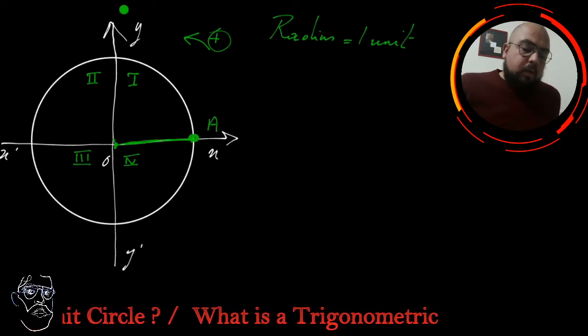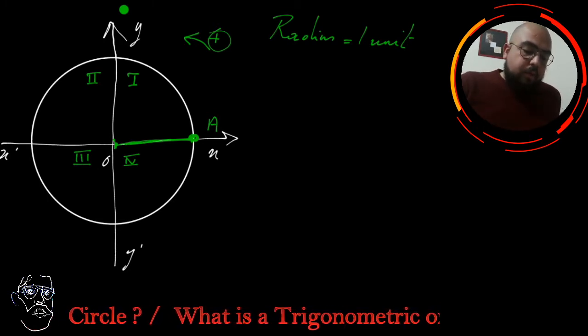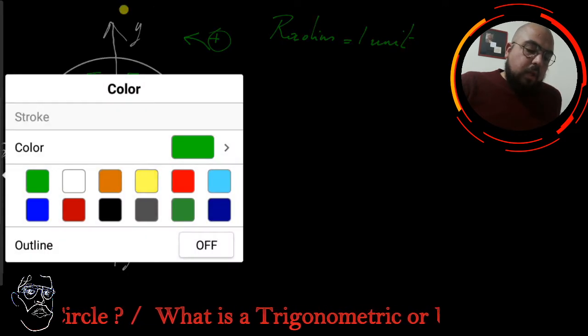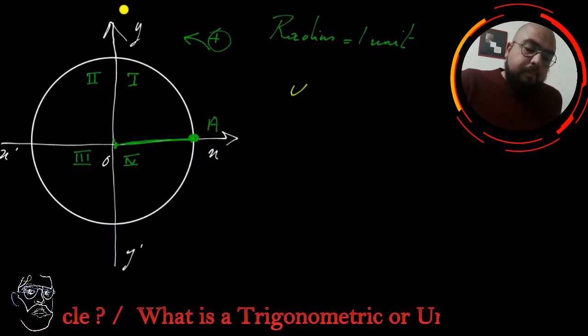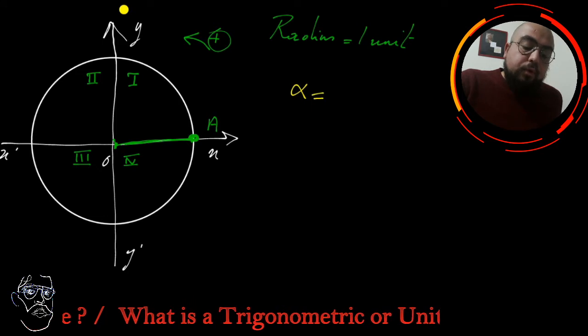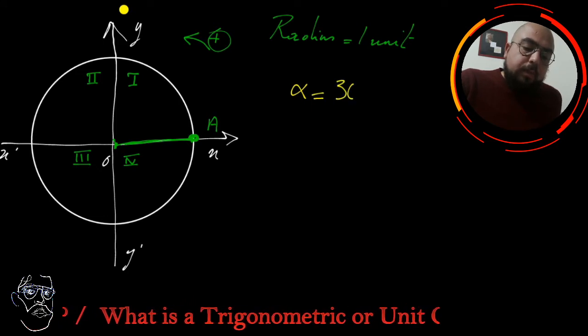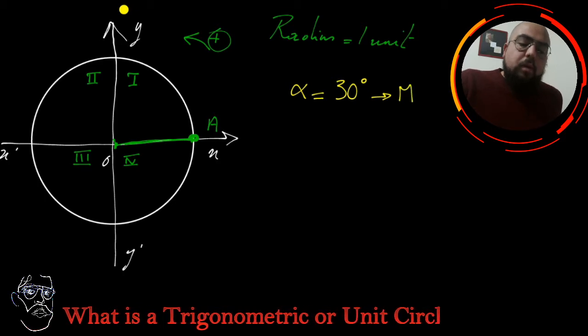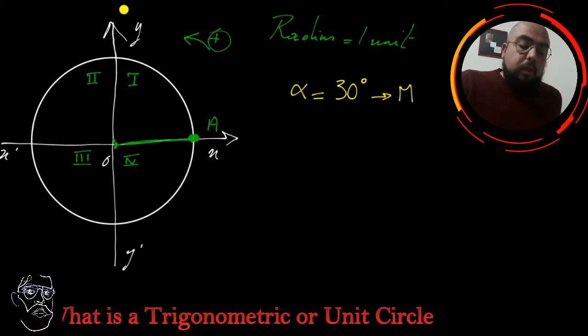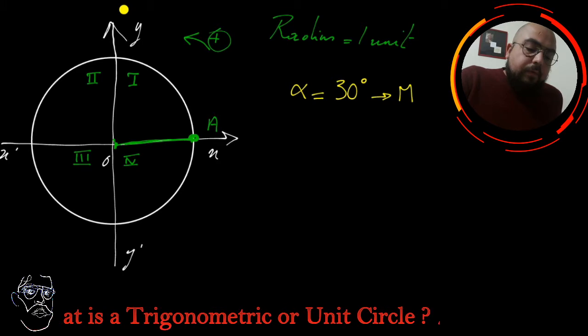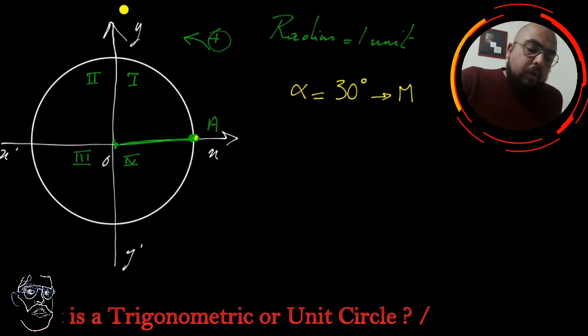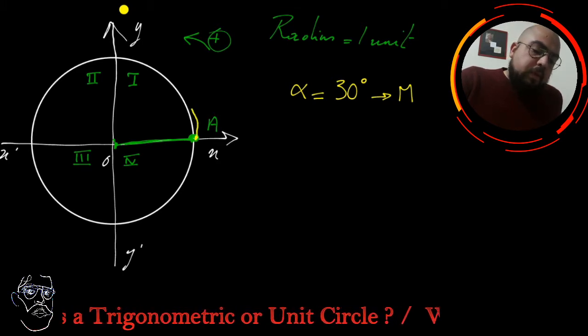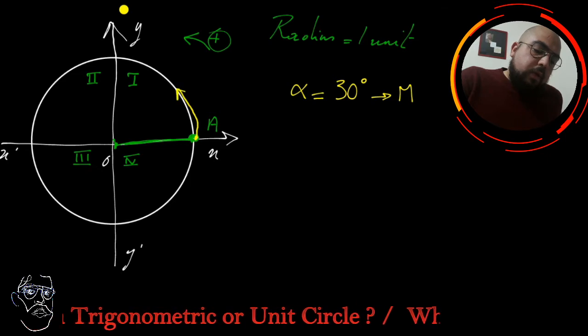Now, let's take an example of a certain angle. Let's call this angle alpha. How are we supposed to position this point M, which has an angle of 30 degrees? You start from point A, you have to open a certain angle which is 30 degrees.